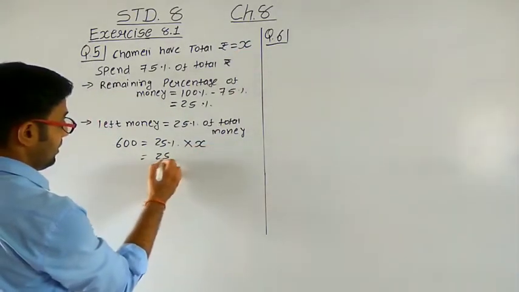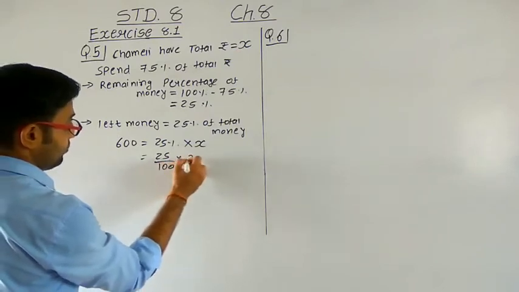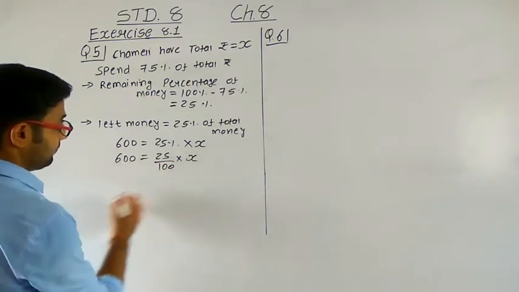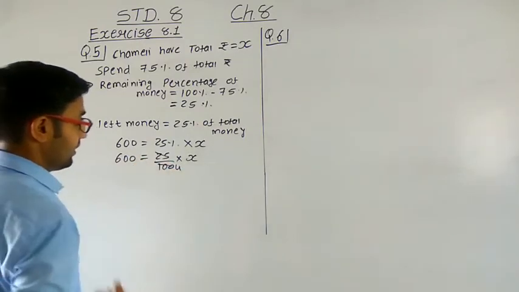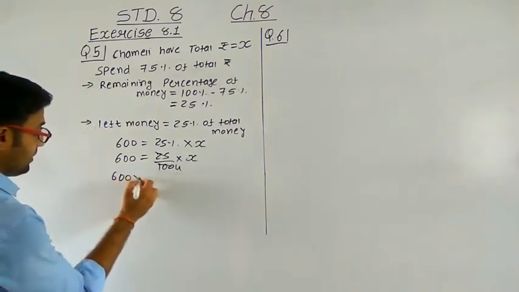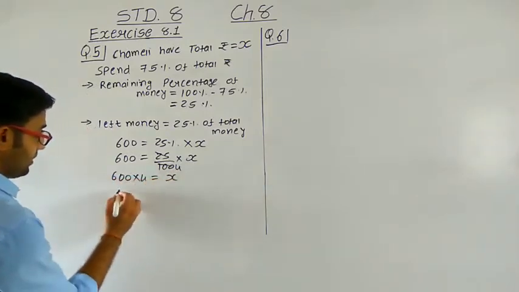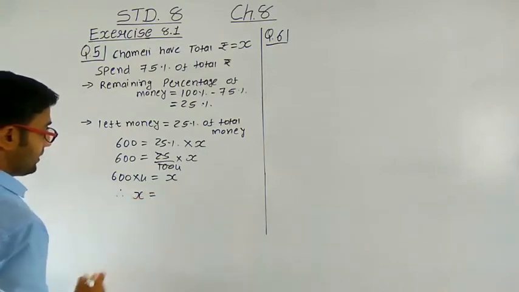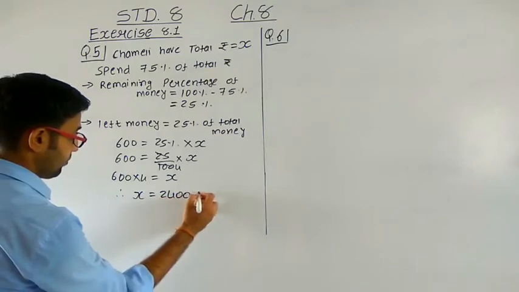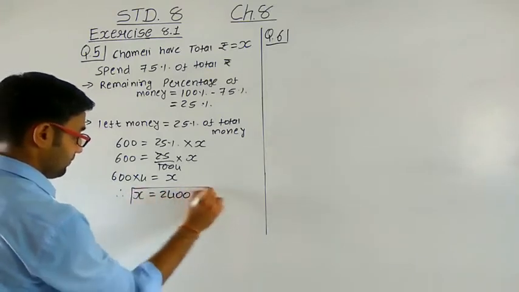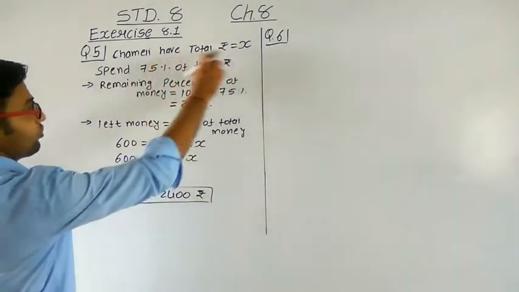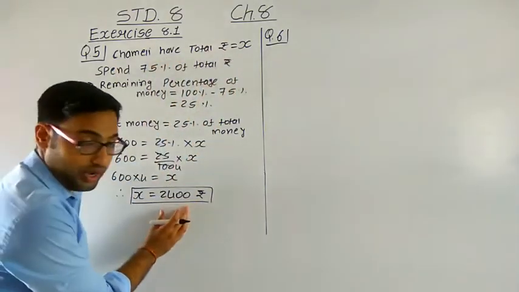So here we can write 25 upon 100 into x, and here we have 600. So we can cut it like 25 fours are 100. When we take this 4 to the left hand side, here we get 600 into 4 is equal to x, and therefore x we get is 6 fours are 24, 2400 rupees. So this is the total money. Chameli has total money 2400.